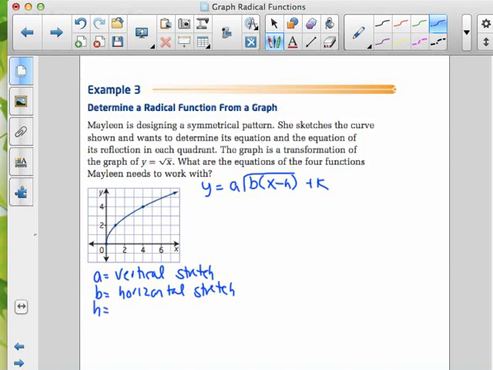H is a horizontal shift. And when I say stretch, by the way, it could be stretch or compression. And K is the vertical shift.